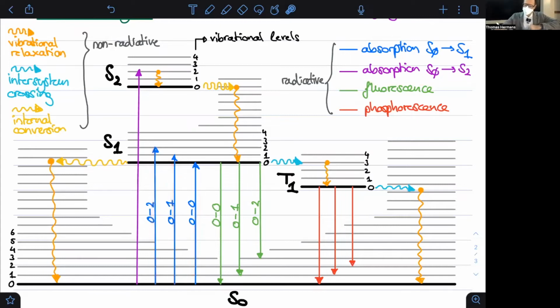And I put here on the side some numbers: 0-0, 0-1, 0-2. So 0-0, what does it mean? 0-0 means you go from the lowest vibrational level of the ground state to the lowest vibrational level of the first excited state, right? That's 0-0 absorption. If I go 0-1, that's from 0 to 1, right? And 0-2 is from 0 to 2.